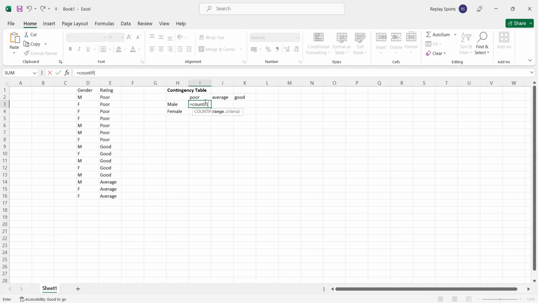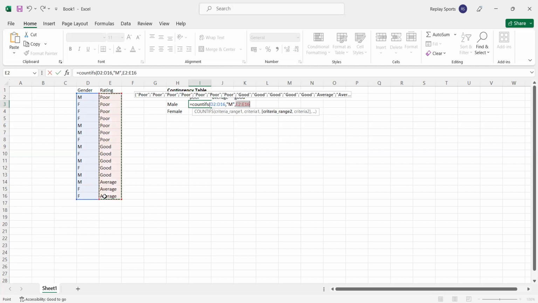Two conditions, right? COUNTIFS, criteria, range. This one. So range is this. Criteria is it should be M. Then criteria is this, and value should be capital P.